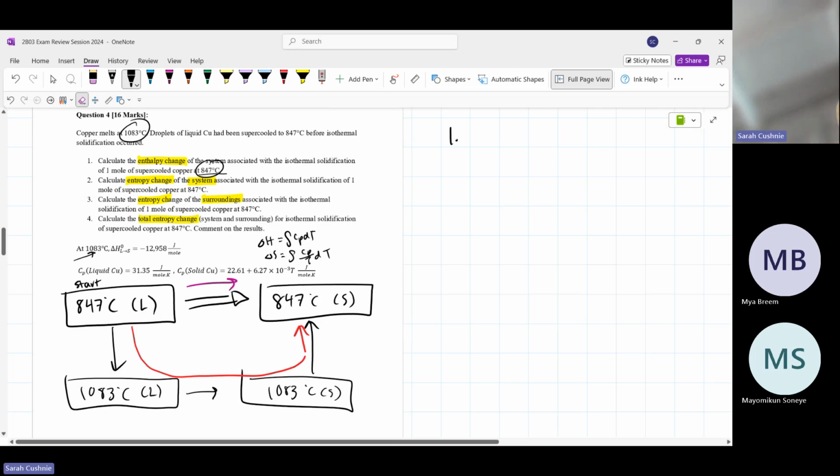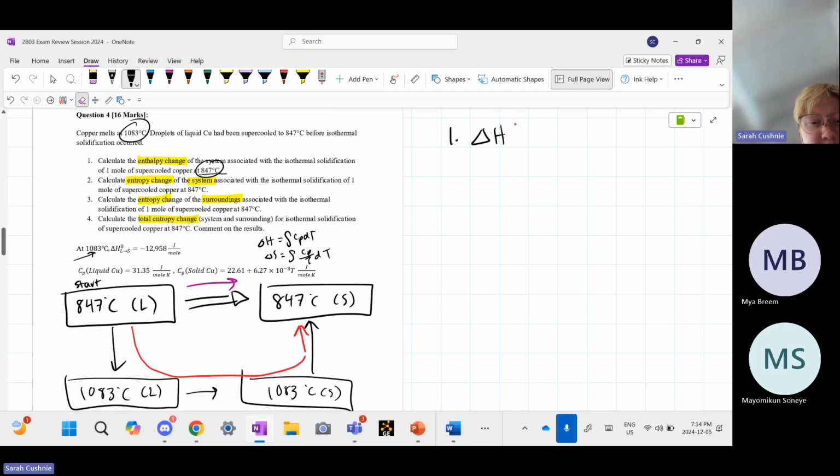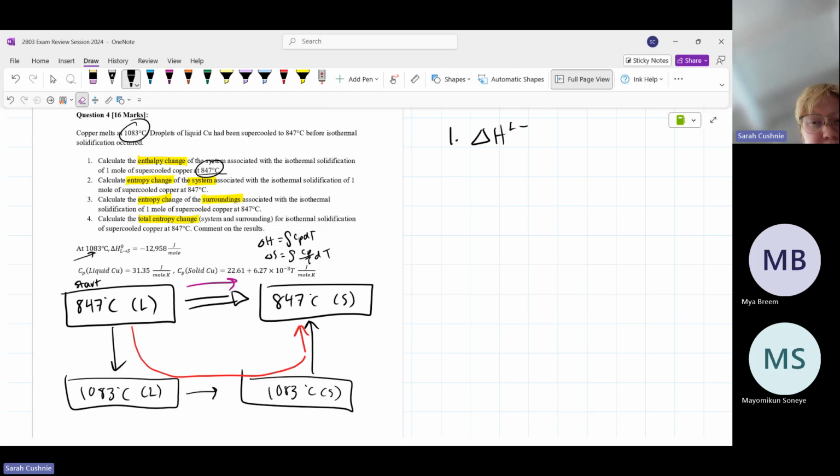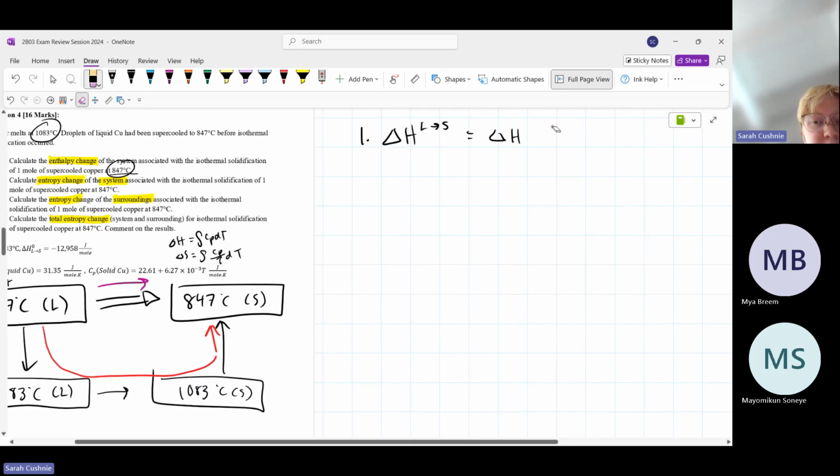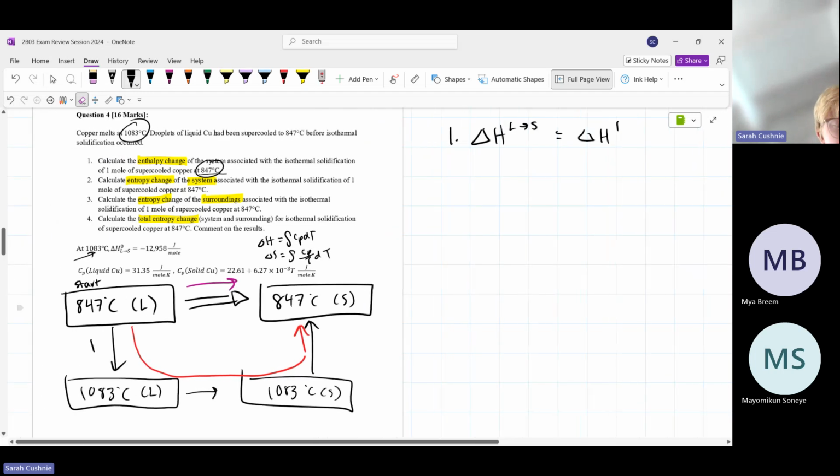So I'm going to write this out as one very long equation, and I'll say that the delta H for liquid to solid is equal to delta H1 plus delta H2 plus delta H3.